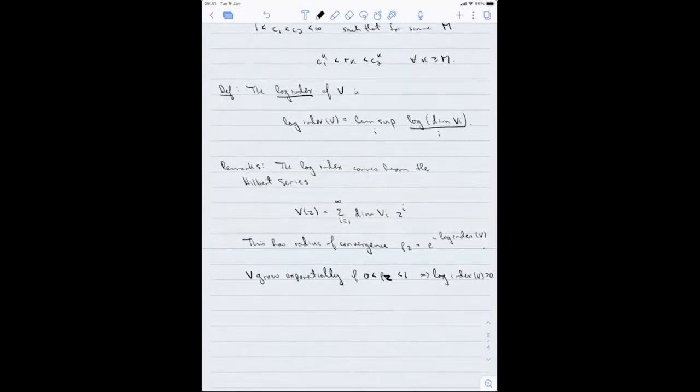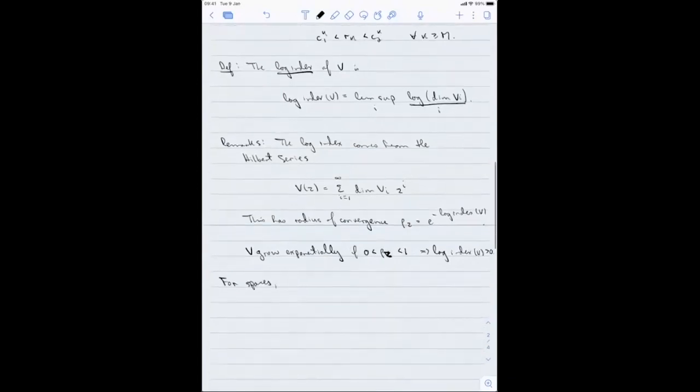So in terms of spaces, let's set the log index. We think about the homotopy groups of a simply connected space X, and we'll look at the log index of its homotopy groups, and we think of that as referring to the rational homotopy groups.